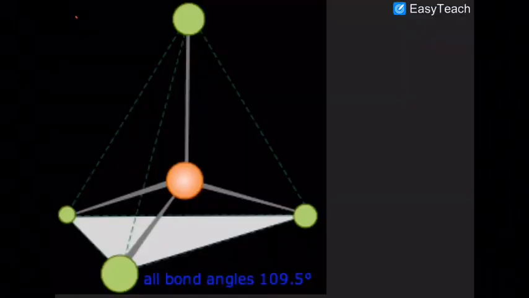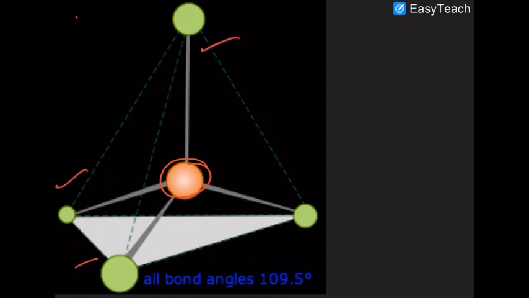Now look at the 3D geometry: tetrahedral, perfect tetrahedral. The 4 corners of the tetrahedron are occupied by 4 identical atoms, and due to that the bond angle is 109.5.